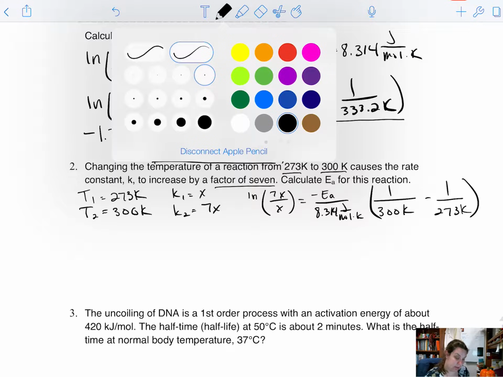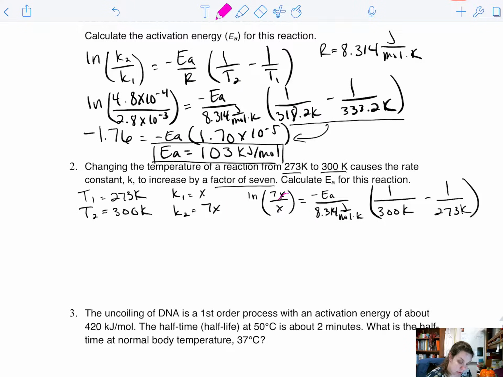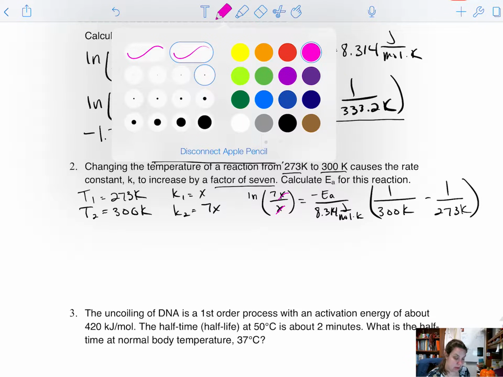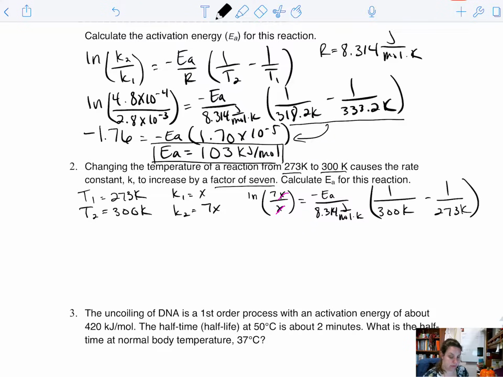So basically, in this case, our x's are going to cancel out. So we're just going to do the ln of 7, which gives us a value of 1.95 being equal to negative EA. And then I'm going to do the math within my parentheses and then divide by 8.314.